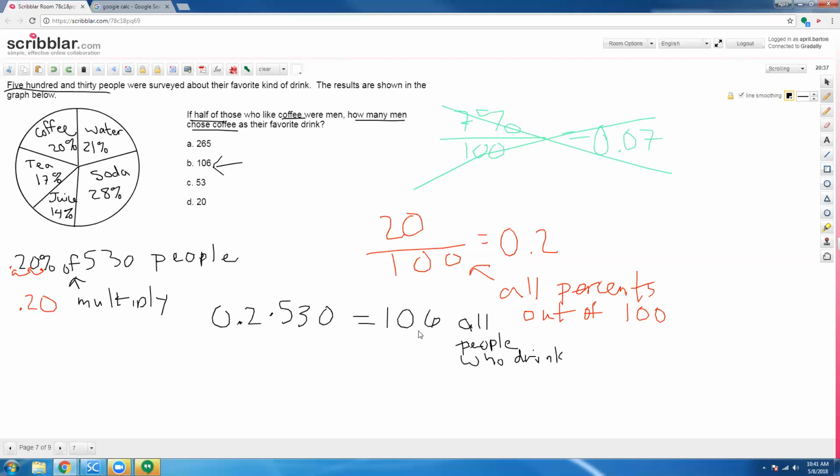So how can I find half of 106? What do we do to find half of 106? Good. Divide specifically by 2. 106 divided by 2, we'll cut it in half.